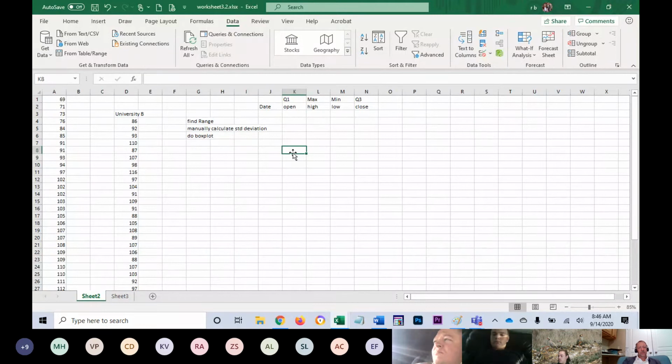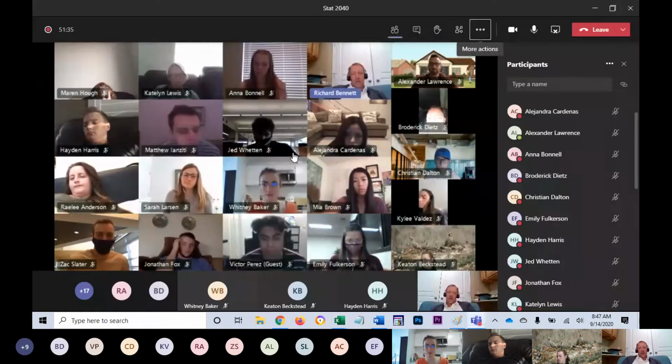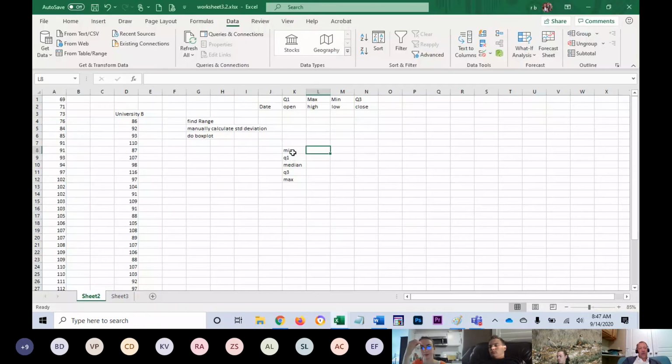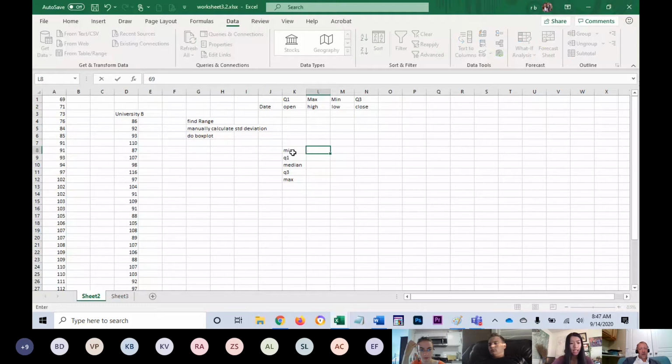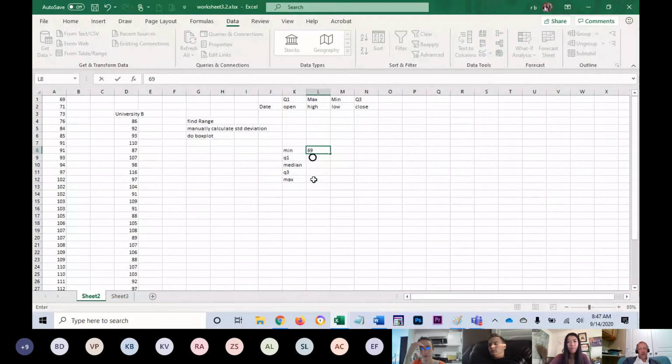Yeah, we want to get the minimum, the quartile one, median, third quartile, and the maximum. And then Mia, can you give me the minimum and the maximum? The minimum is 69 and the maximum is 127. Perfect.